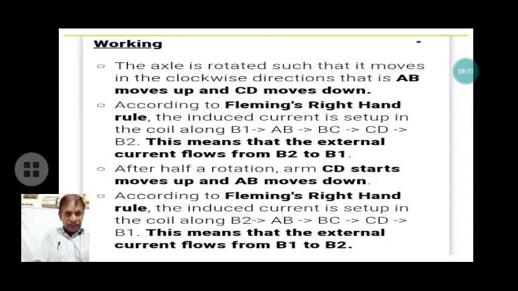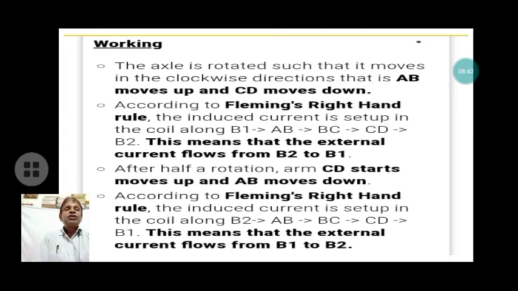The electric current is produced in the coil AB, BC, CD. This means that the external current flows from B2 to B1. When the coil moves in the clockwise direction, current is produced in the coil. That current moves from brush B2 to B1, that is the external part of the generator, which is stationary.